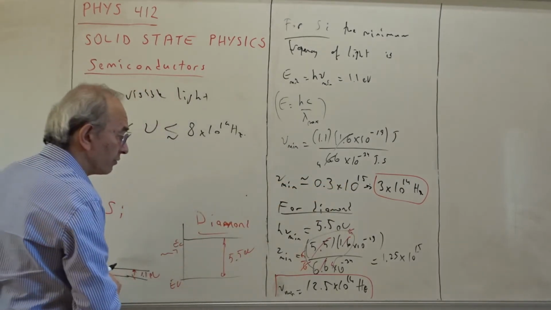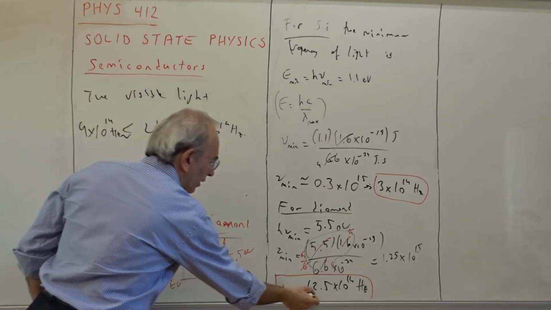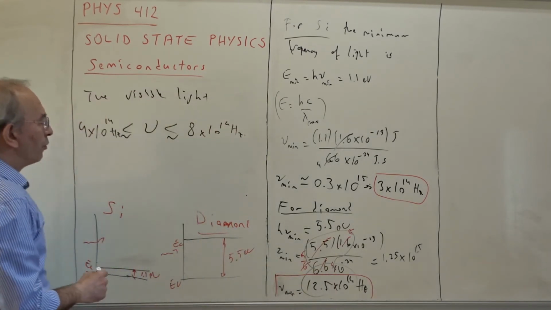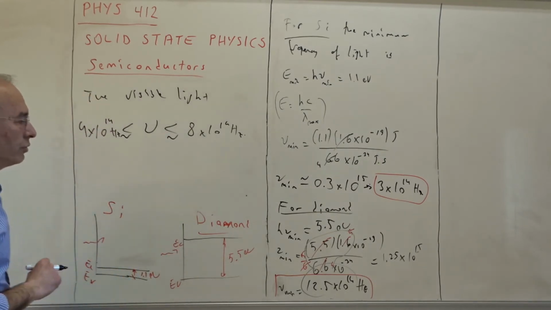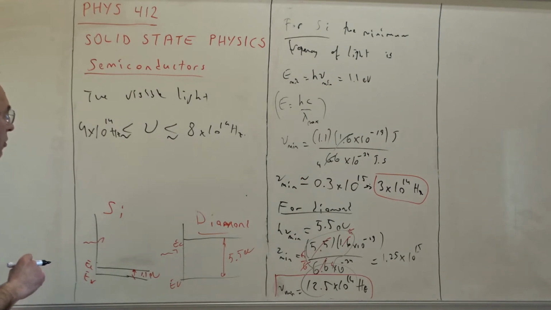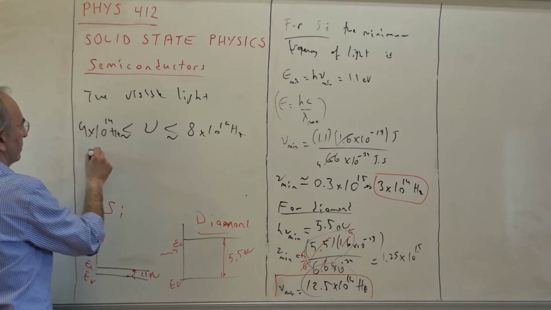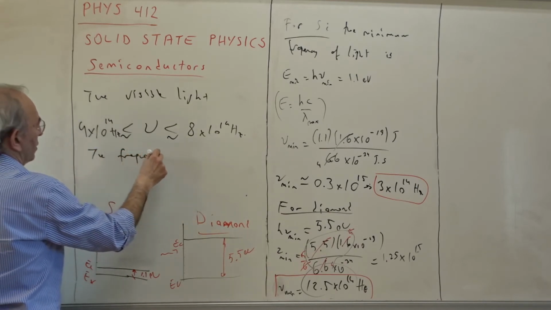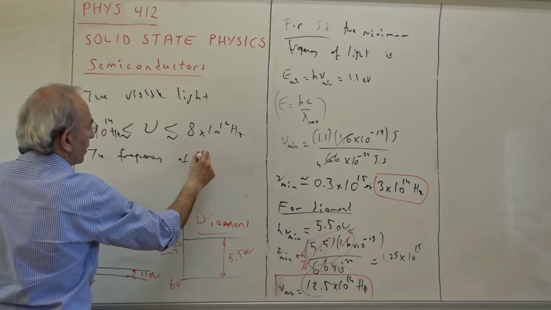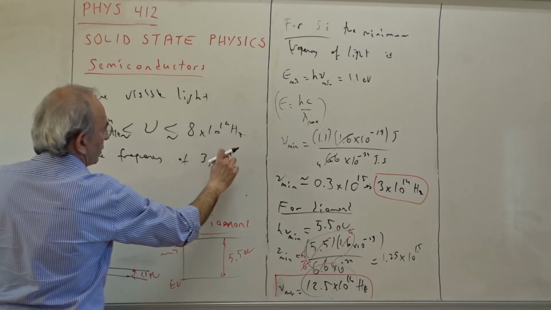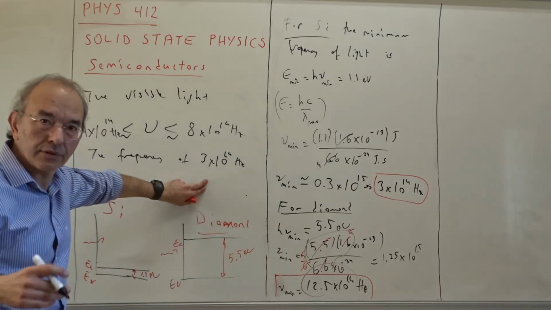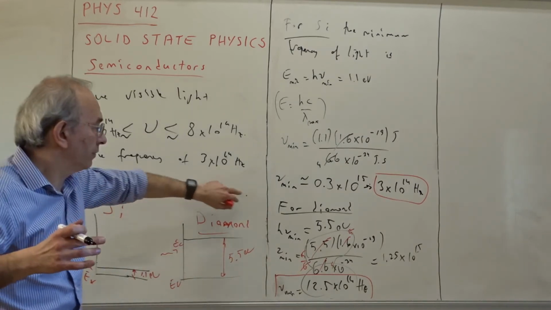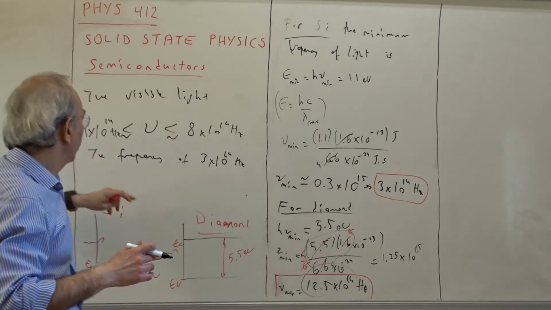And here we get, for instance, 12.5. It is above the necessary value. The frequency of 3 times 10 to the 14 was the lower value.